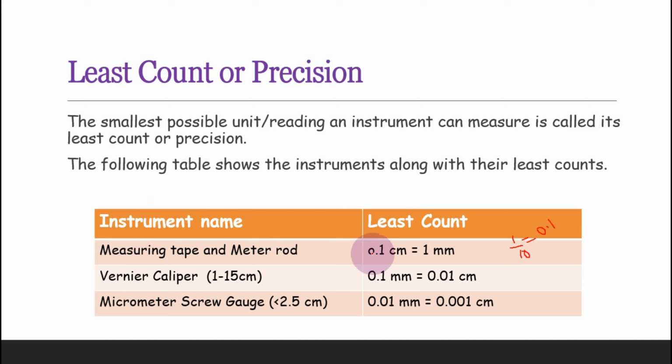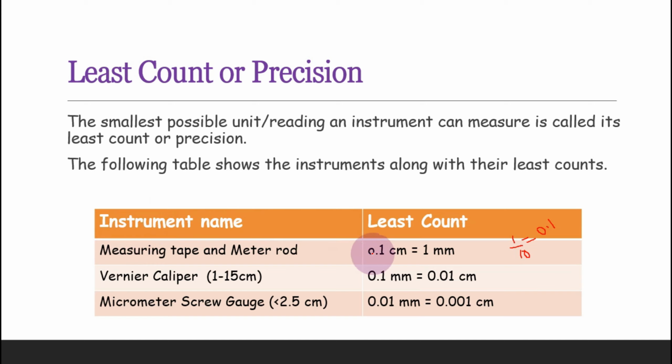So this instrument can measure a smaller object like the thickness of a wire, while this one is able to measure a bigger object. Now you can see the difference in these. This can measure a 100th part of a millimeter, while this can measure a 10th part of a millimeter, while this one is 1 millimeter. So these are least counts of different instruments.